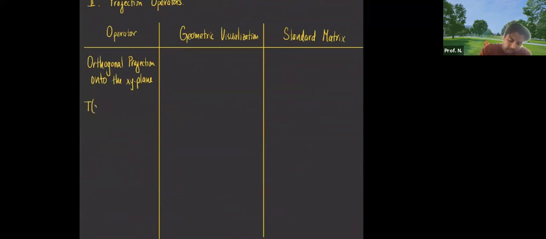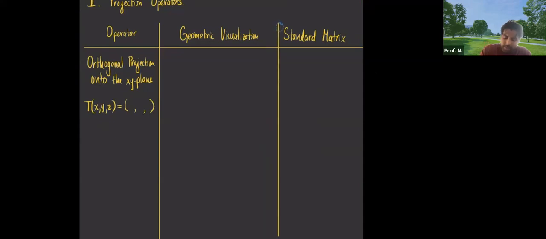So again, I have a position in space, X, Y, Z, and I want to know what happens to it when I project that vector onto the XY plane.